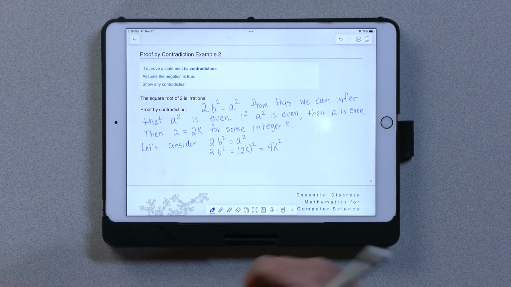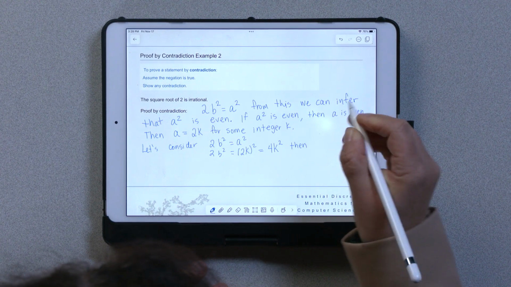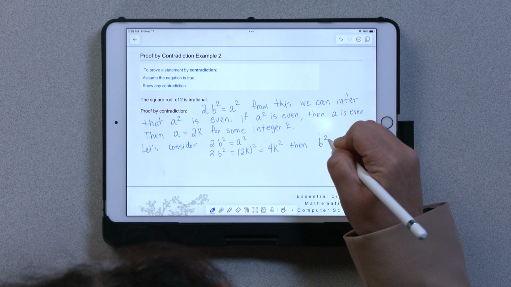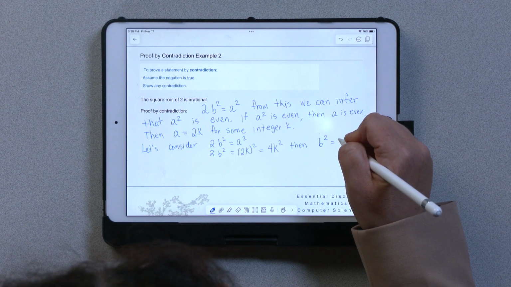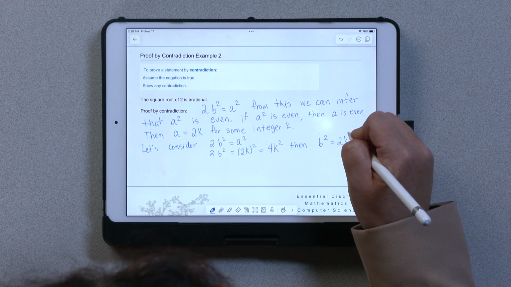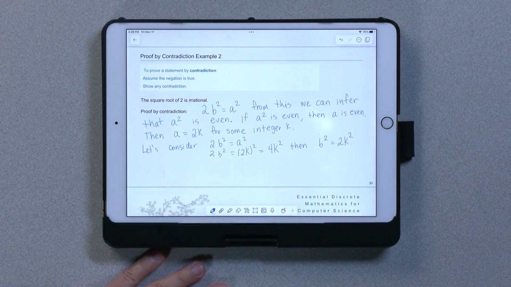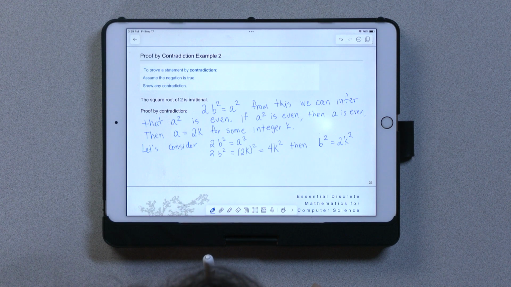We can then infer that b squared equals 2k squared. Now we see that b squared is equal to 2 times an integer, which is k squared.